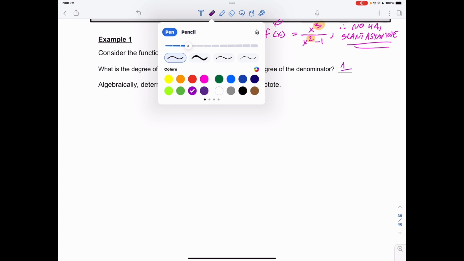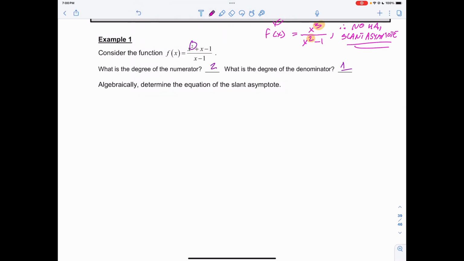The first thing we're going to do is divide. If I have f of x is equal to x squared plus x minus 1 all divided by x minus 1, then I'm going to divide out that denominator.